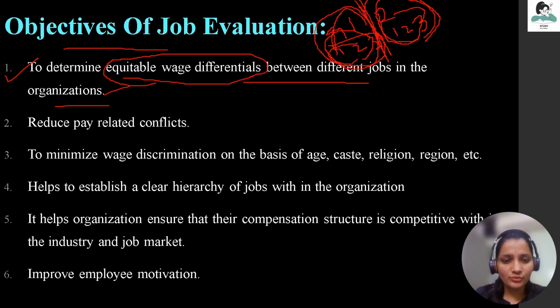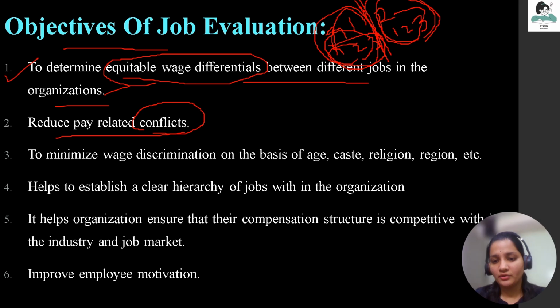Next we have reduced pay-related conflicts. What do you mean by conflicts? Fights, or jealous fights and all, right? For suppose there are two persons A and B with the same skill, same knowledge, same job duties, same responsibilities, but A is getting more and B is getting less because of favoritism.